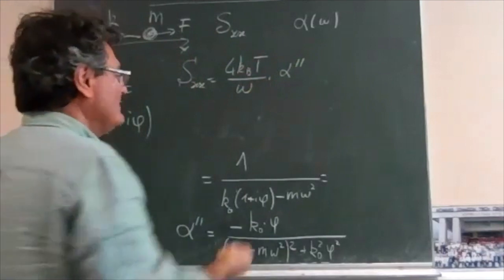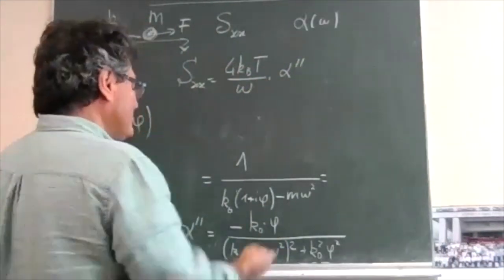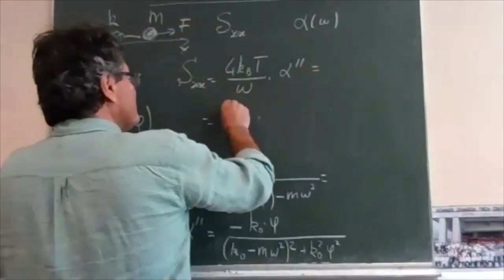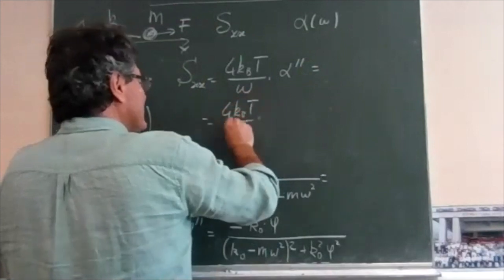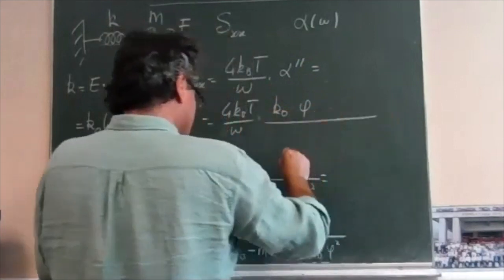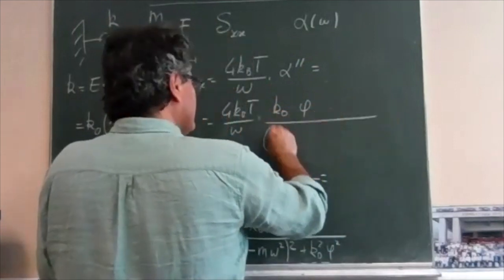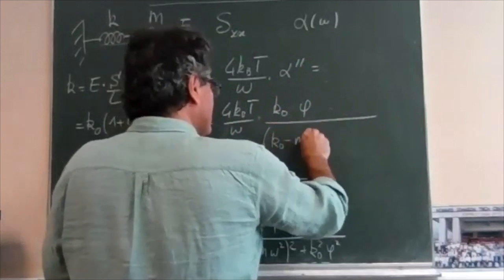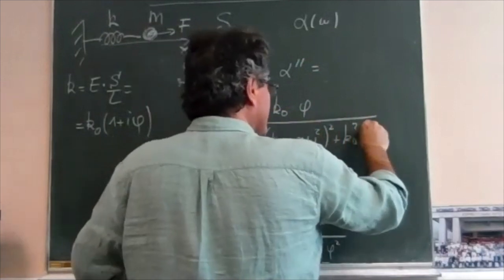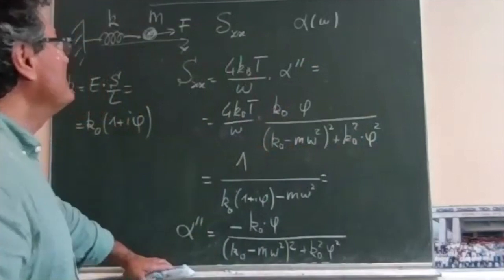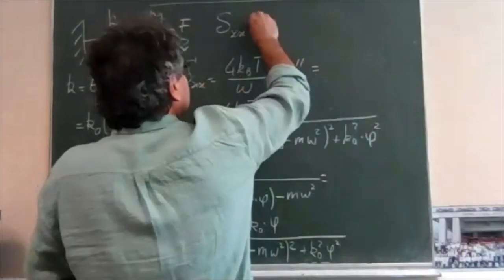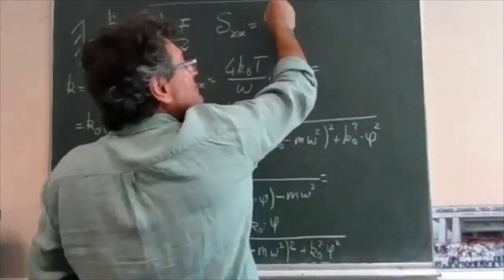Either we consider phi negative or we take just the modulus of it. So this is 4 kB T divided by omega, k naught times phi divided by (k naught minus m omega squared) squared plus k naught squared times phi squared. So here it is. Maybe it's worth writing it there, because later on we're going to plot it.